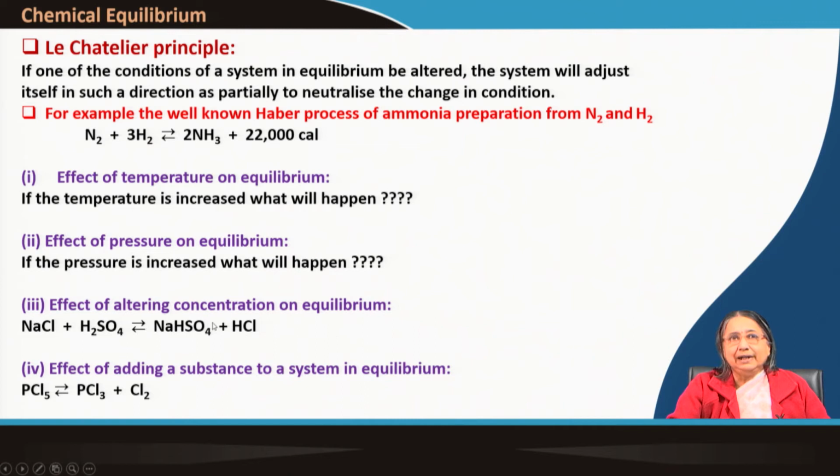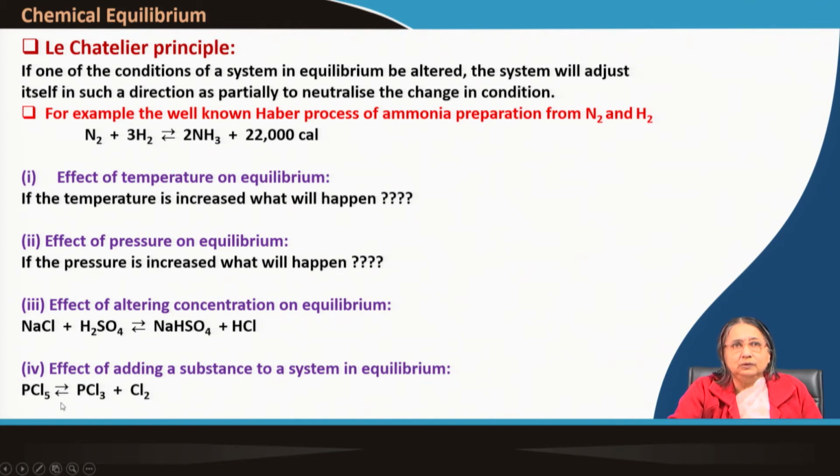That means altering concentration, because HCl is going out. So, one product concentration is becoming less, and it will go towards the forward direction. Now, if we add NaCl, then again it will go towards the forward direction, because this concentration increase means it will always try to decrease this concentration, and it does so by going towards the forward direction. So, this is the effect of altering concentration on equilibrium.